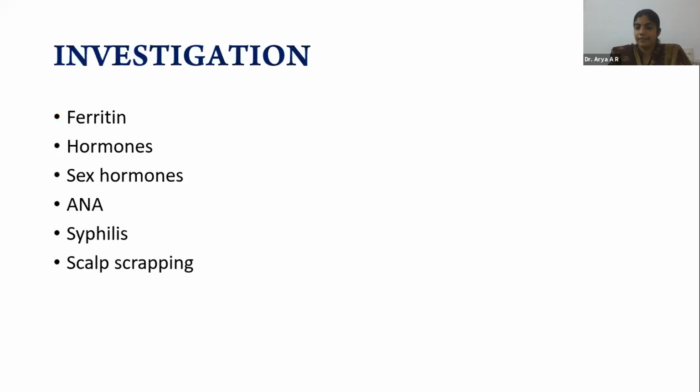Then investigation. These are the investigations we should go for in conditions of hair diseases. The first one is ferritin. Ferritin is very important in females, that we should have a minimum of 80 of ferritin in females to have healthy hair growth. So while investigating, we should go for these tests. First one is ferritin, then assessing hormones, that is thyroid hormone is very important.